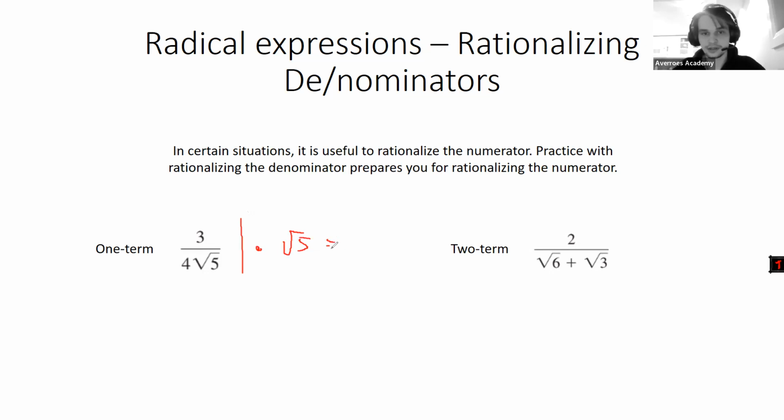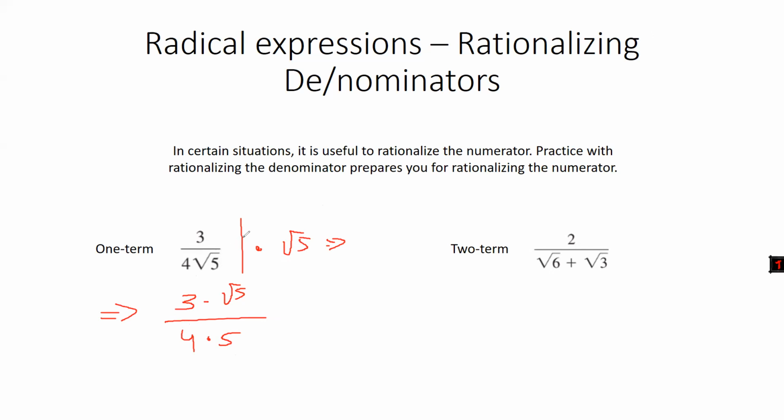And as a result, we're going to get 3 times the root of 5 divided by 4 times 5. Can you see this without additional explanation why it's so? Mhm. Yeah. Because otherwise we won't spend much time on this.